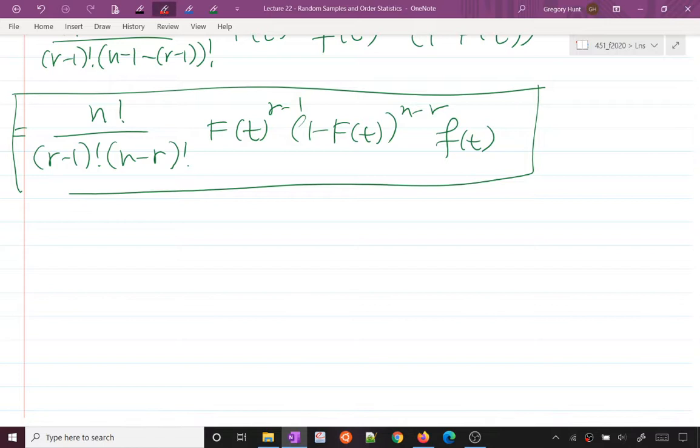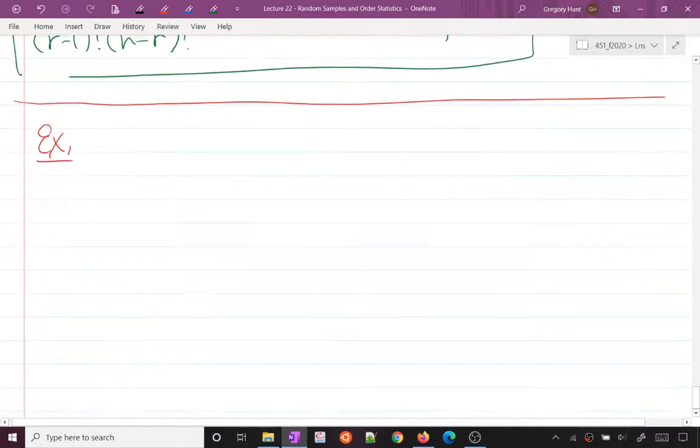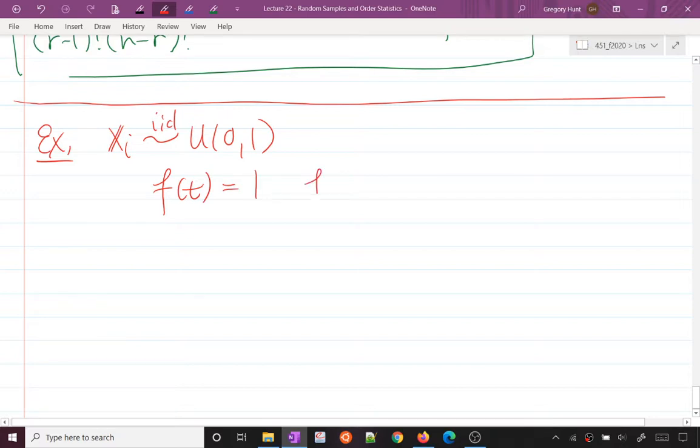Let's look at some examples. Again, you don't need to memorize it or memorize the proof. You should know how to apply it. So let's look at an example. If I have a random sample of x sub i's that are IID uniform 0, 1, my PDF of uniforms is just 1, as long as t is between 0 and 1. And my CDF is just t, as long as we're between 0 and 1. That's what it means to be uniform.